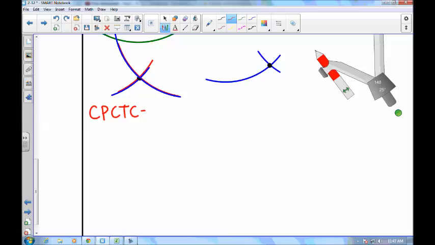One of ours is called CPCTC. Everyone say that. CPCTC. It's kind of a tongue twister if you say it. Okay, it stands for corresponding parts of congruent triangles are congruent.